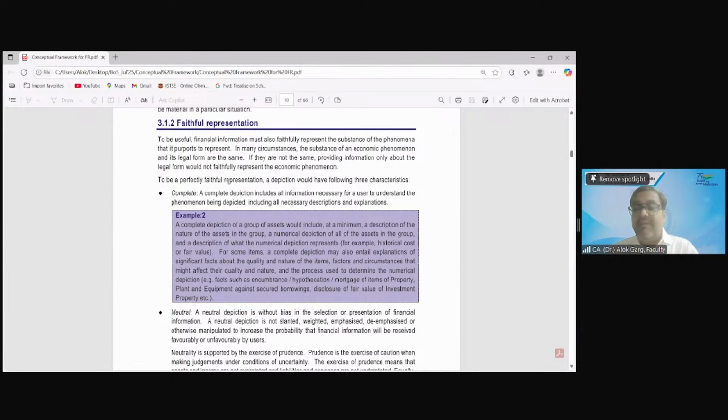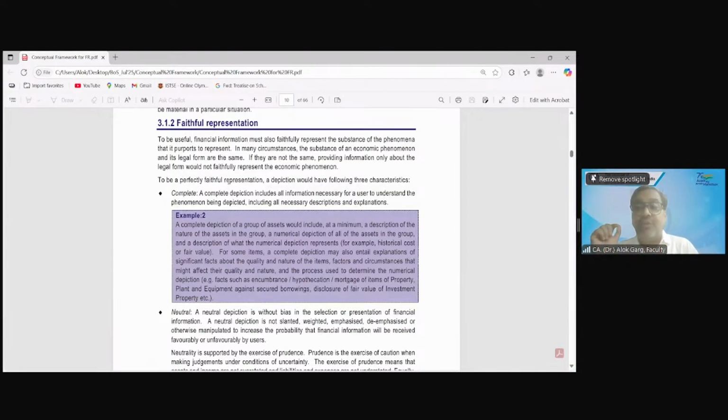The information will be complete when, in addition to the balance sheet, you provide in the notes to accounts the breakup for this class of asset in your PPE schedule. You must have seen the PPE schedule. There is a gross block, a net block, accumulated depreciation, and a class of asset. So you will provide in which class of asset the increase is there, and whether this increase is on account of addition or on account of revaluation.